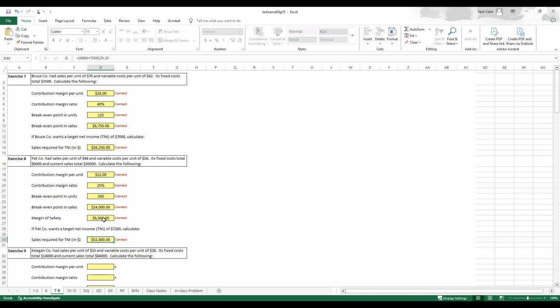So if we're going to get the 7,200 in net income, we're going to need to have $52,800 in sales in order to meet our fixed costs, and then earn that much more above after accounting for the variable costs.